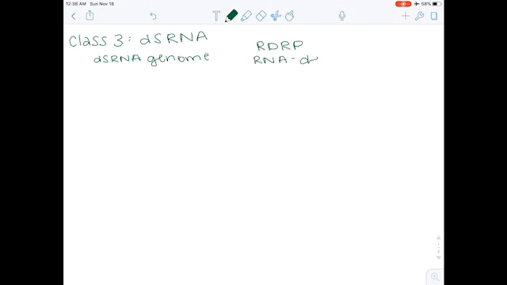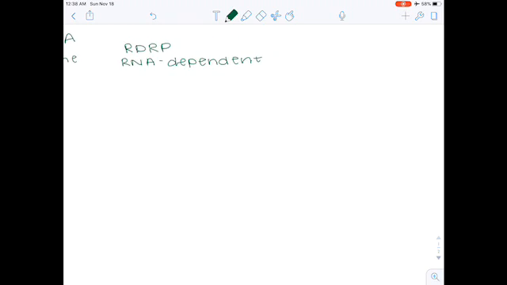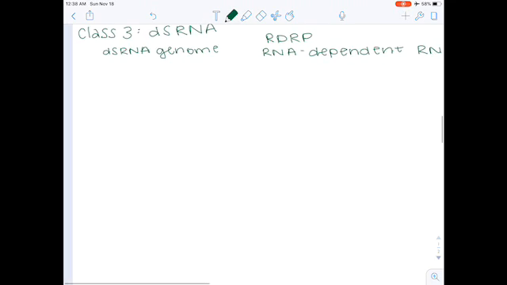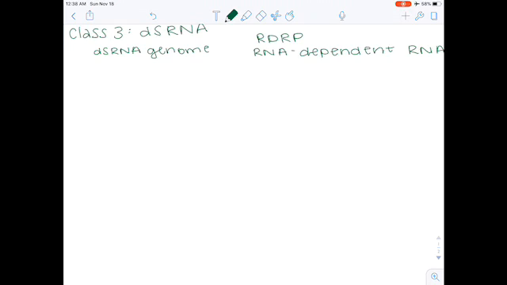So this stands for RNA dependent RNA polymerase. And this is something that the virus brings with it, and we'll talk about that in just a second.